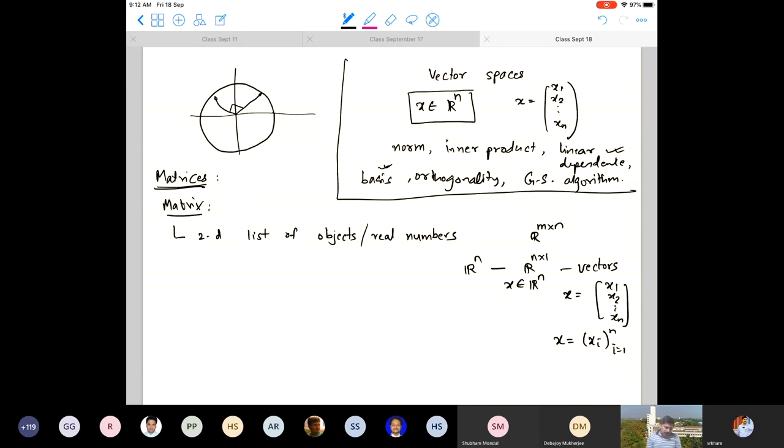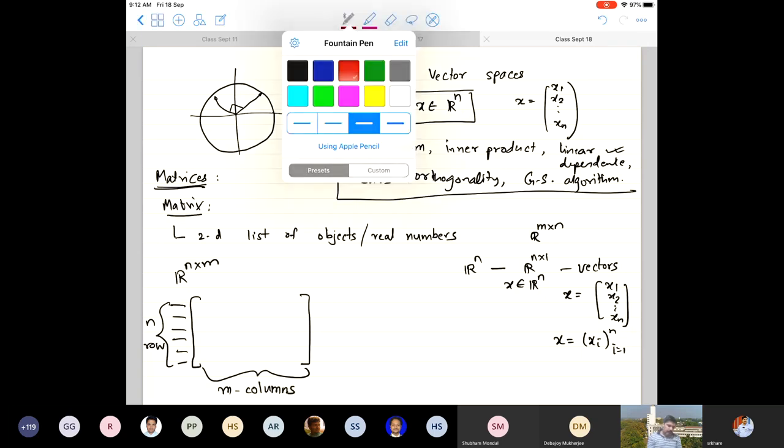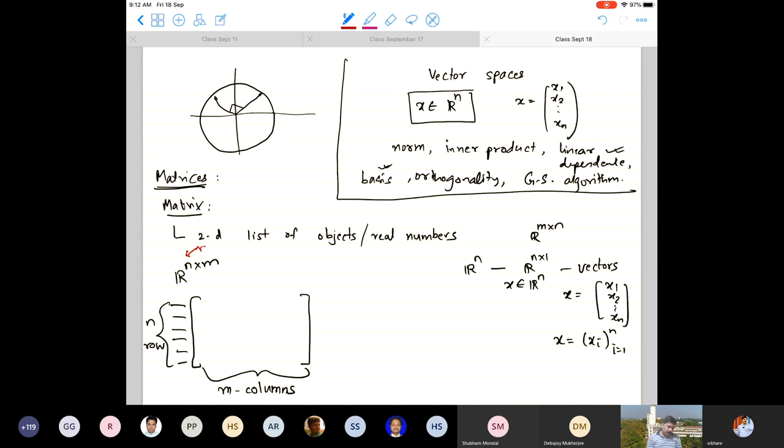Now, when I write down R^(n×m), I am really saying that I am looking at an array which has n rows and m columns. The first thing here will tell rows, and the second thing here will tell columns.